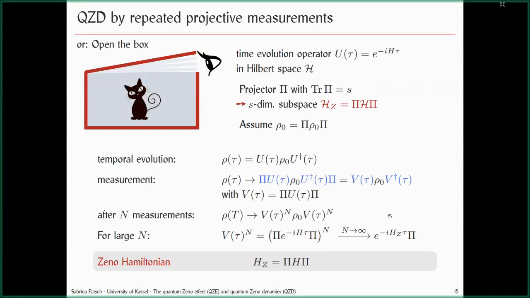But I just show you the result, which is that our V operator converges for n going to infinity to this expression where we have, again, a time evolution operator, but the Hamiltonian is now different, namely the Zeno Hamiltonian. It's just the part of our Hamiltonian which lives in the Zeno subspace. We have one projector here, so this is general.